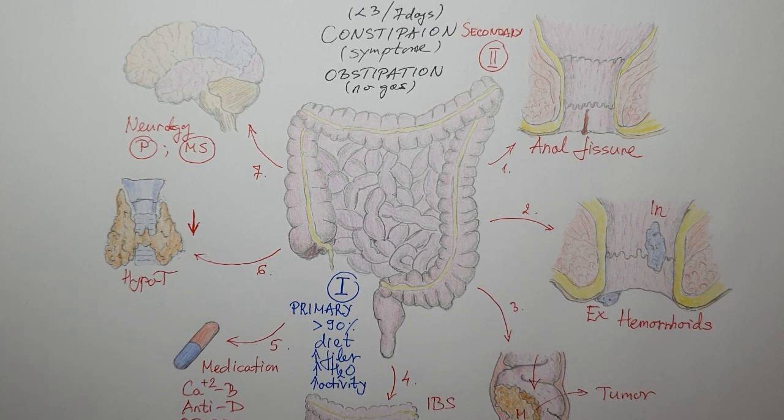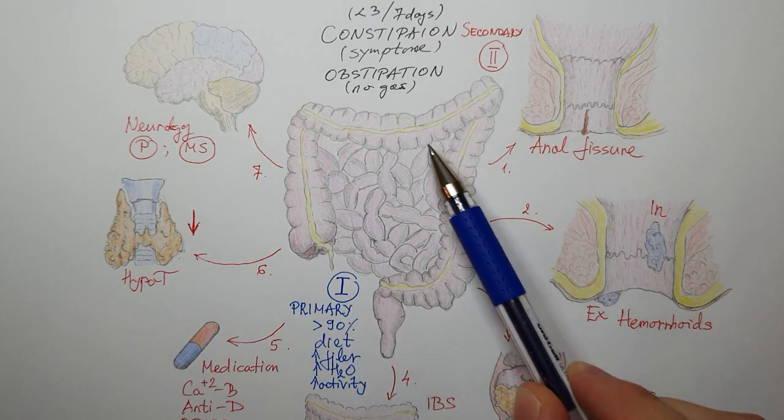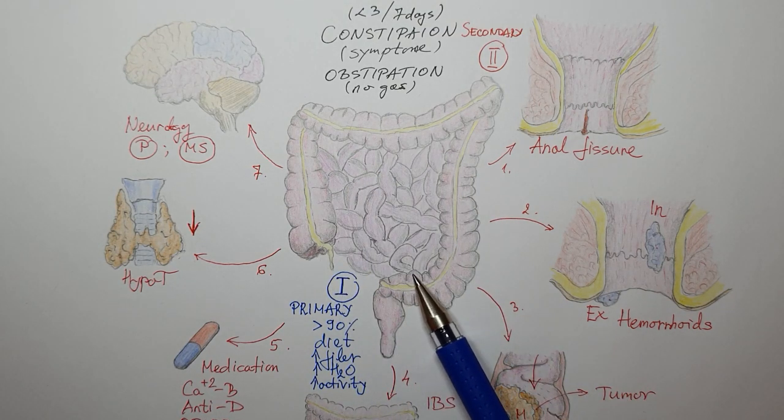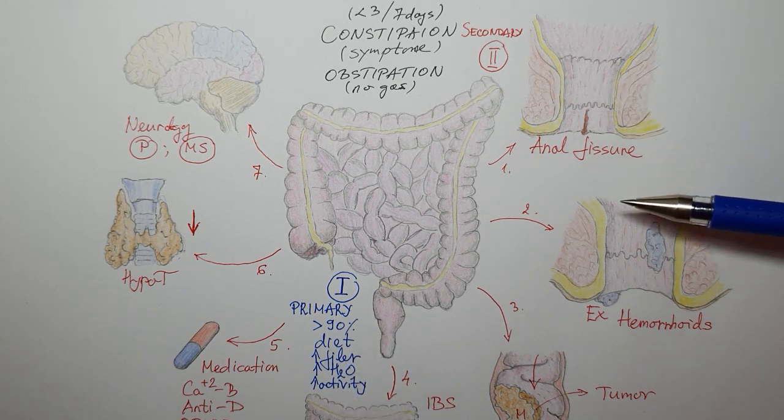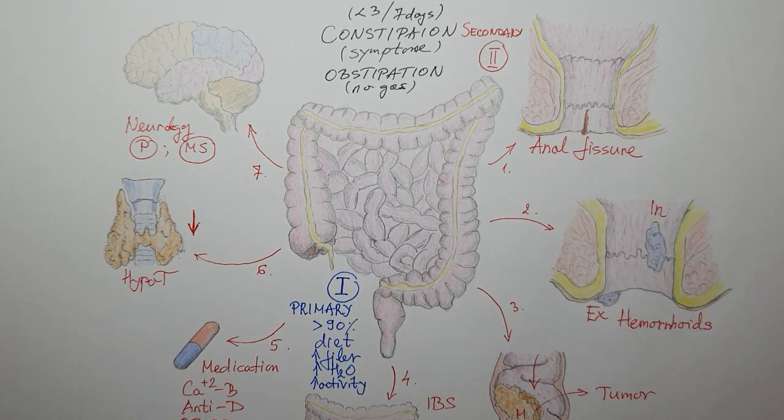So in order to recap this, it is good for us that most constipation actually arises from our lifestyle problems, and it is easily solvable. But there are also many secondary causes, and I have not addressed all of them.